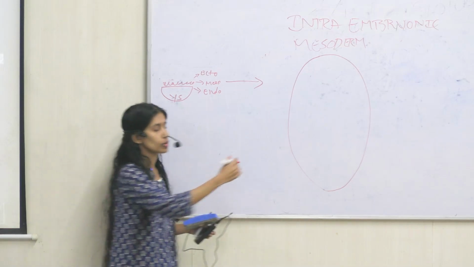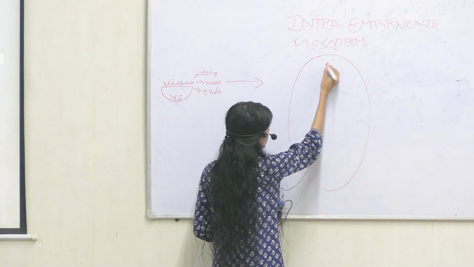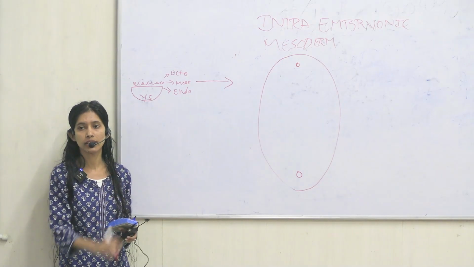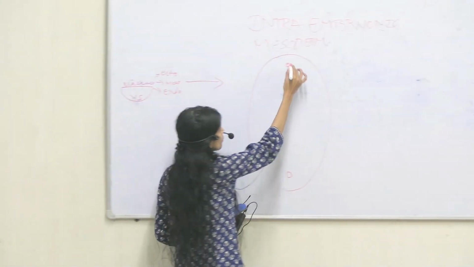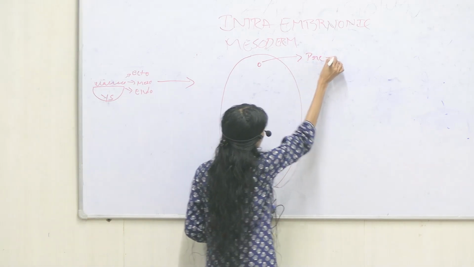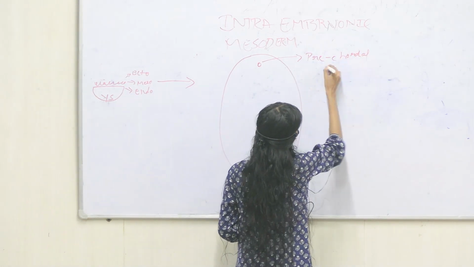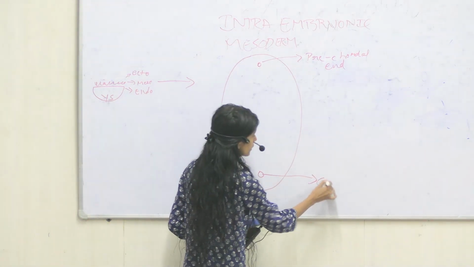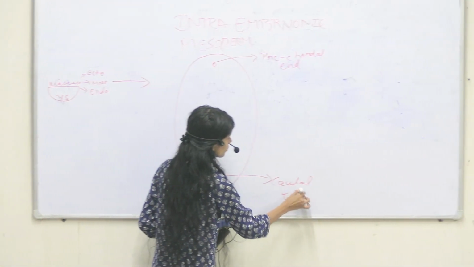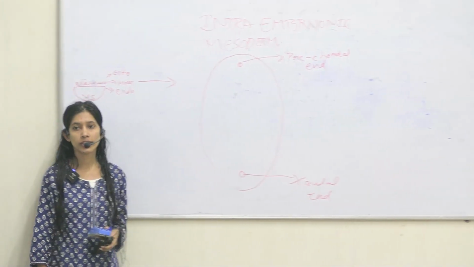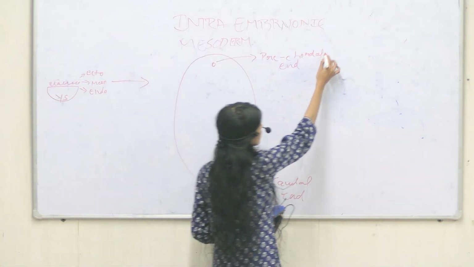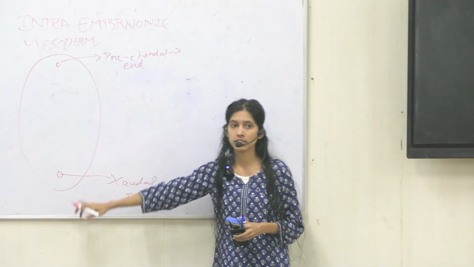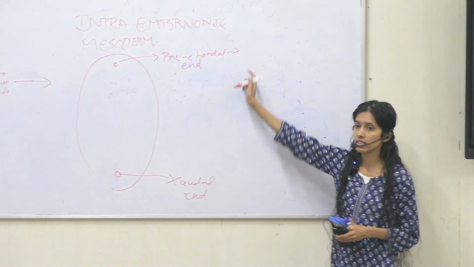Okay, in the mesoderm we have two important structures like this. One is the precordal end and another one is the caudal end. This is going to be your precordal plate or end, and this will be your caudal end. Precordal end will give rise to which membrane? This is the upper part of the body and this is the lower part.